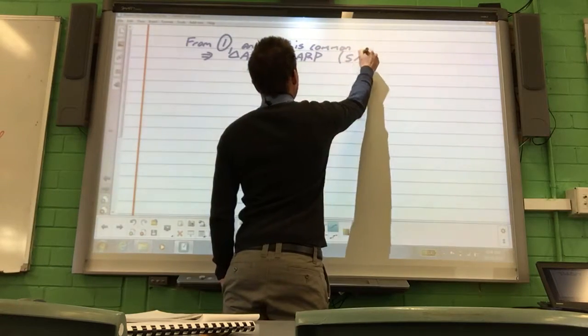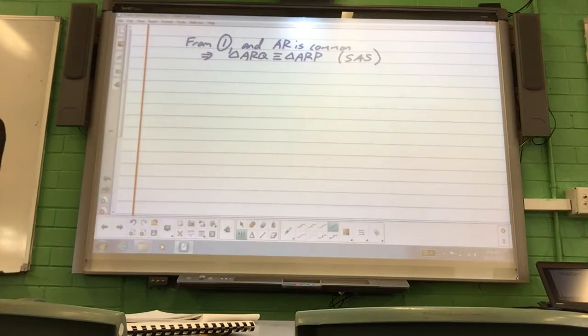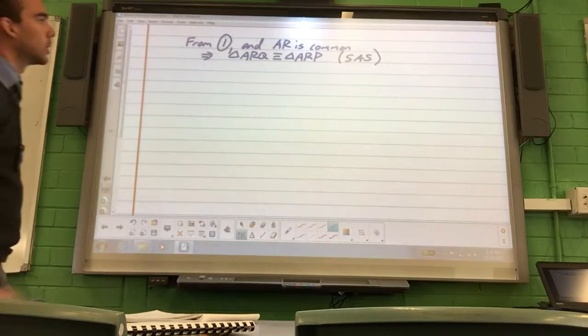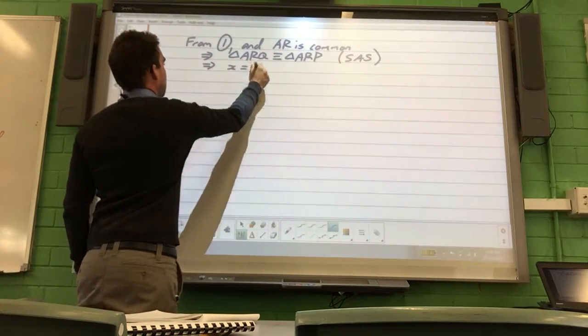Alright, side, angle, side. Alright, so because we're doing a circle geometry question, the markers are not necessarily marking on a congruence proof. Okay, they're marking on your showing that it's a cyclic quad. Alright, which also implies that X is equal to Y.